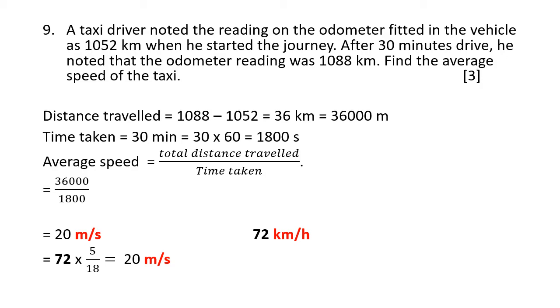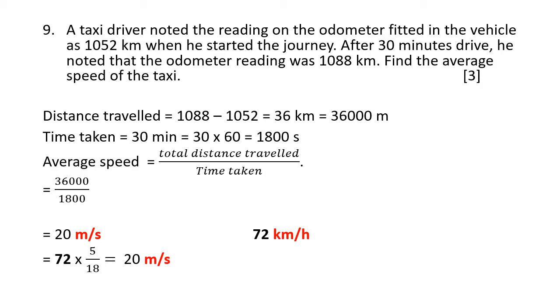Now remember in the previous slide our answer was 72 kilometer per hour. Then how do you convert kilometer per hour into meter per second? You multiply by 5 by 18. So even by doing this step we get the same answer, 20 meter per second.